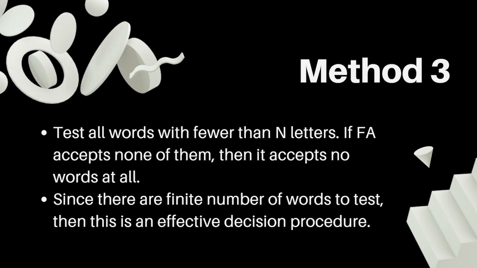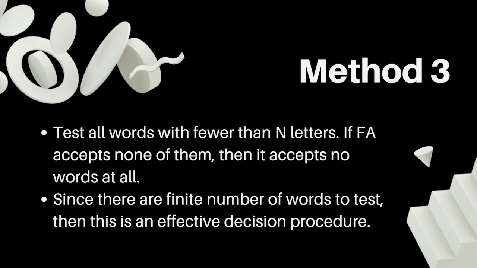Let's explore method 3, which provides another approach into decidability based on the shortest word length. Method 3 involves testing all words with fewer than n letters to determine if the finite automaton accepts any of them. If the machine accepts none of these words, then it accepts no words at all.